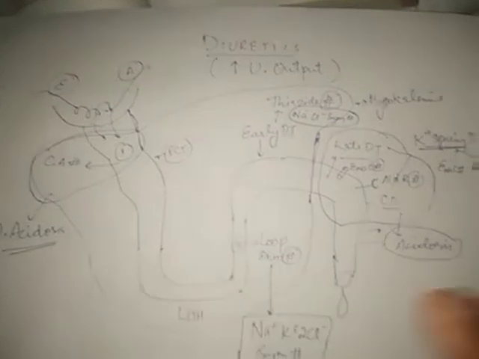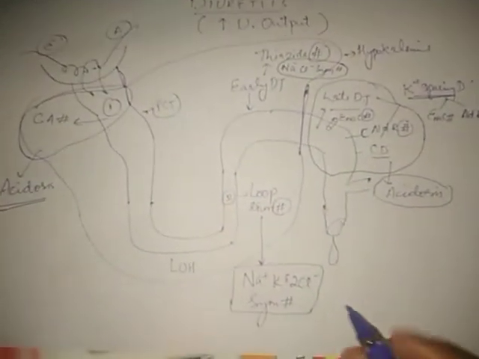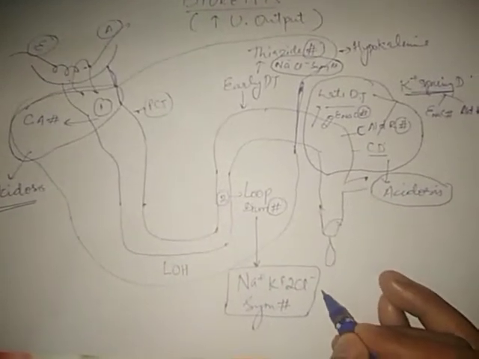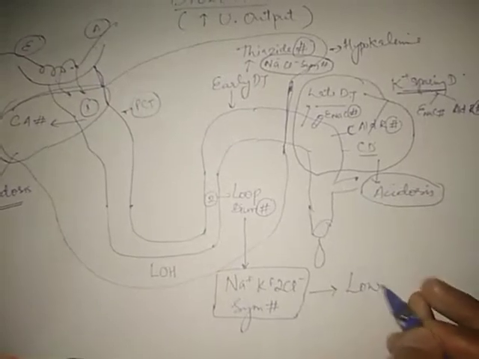So there are various sites of diuretics. Another thing you have to remember, loop diuretics are effective even in low GFR.